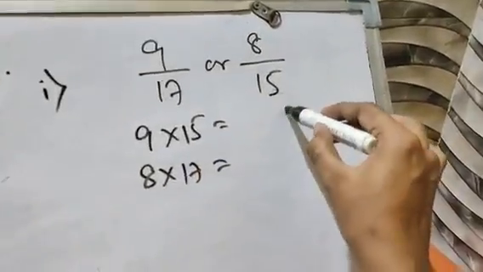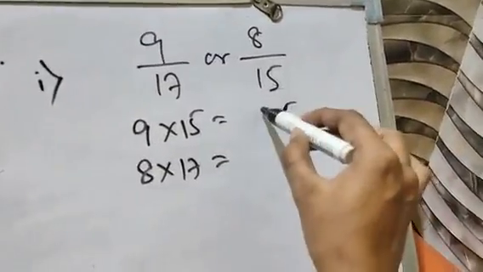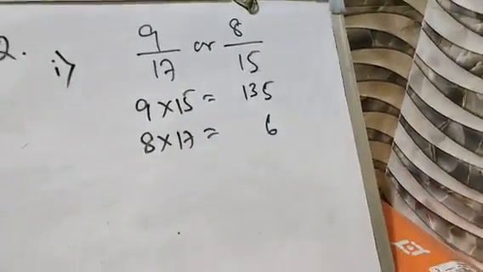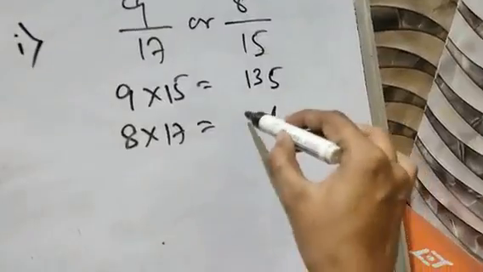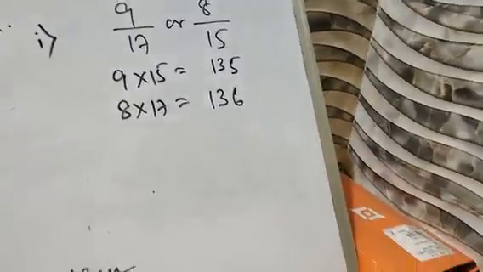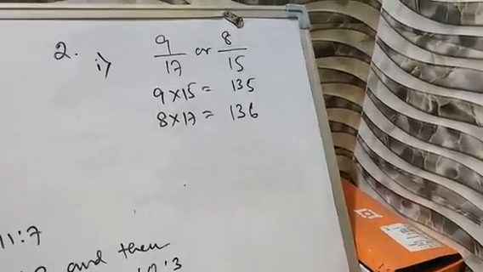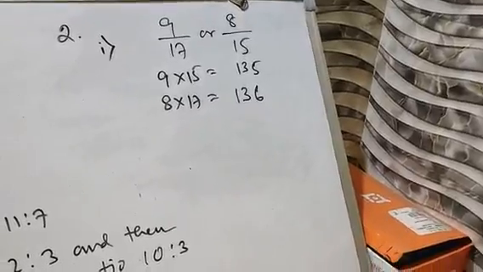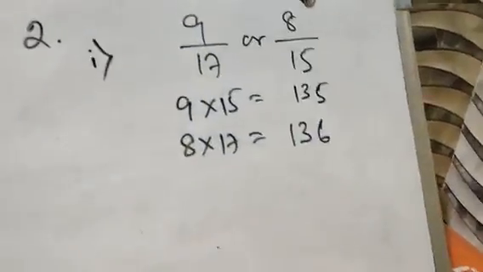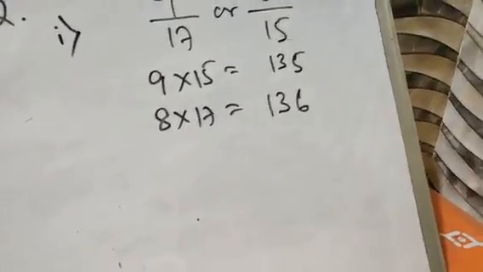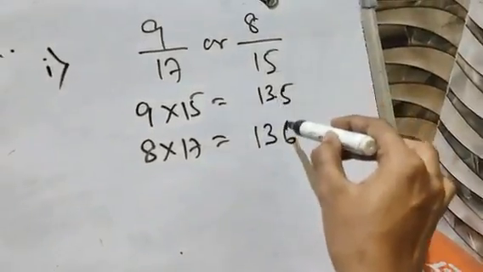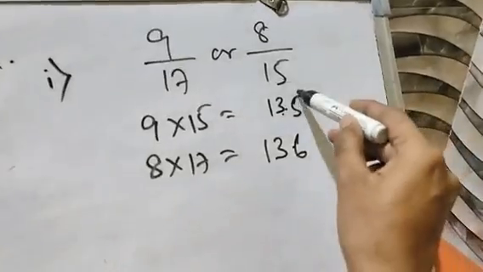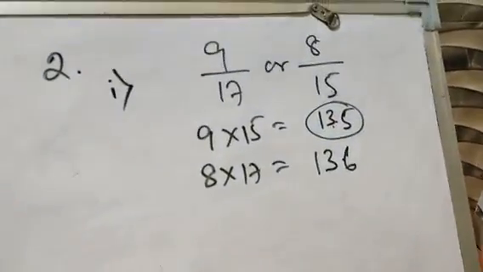9 5s are 45, carry 4, 9 1s are 9, plus 4 is 13, so 135. 8 7s are 56, carry 5, 8 1s are 8, plus 5 is 13, so 136. First one is 135 and the second one is 136. Now between 135 and 136, clearly 135 is smaller.